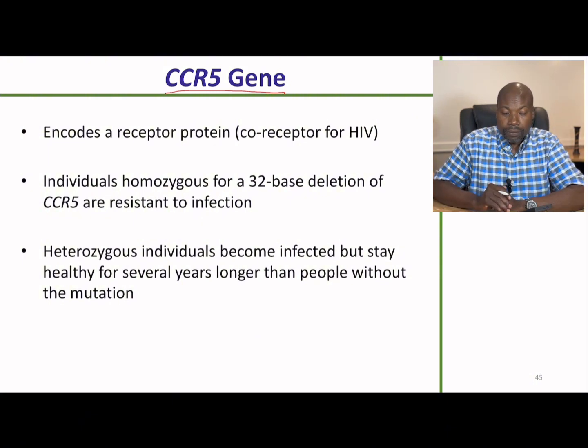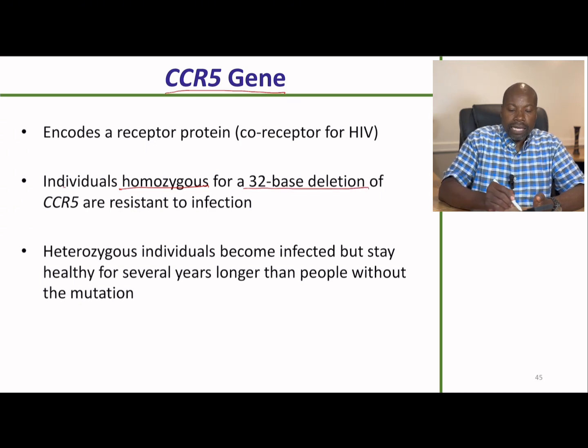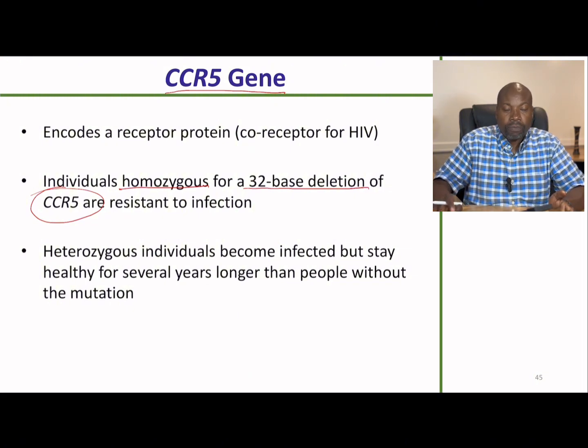Which is great. So the individuals that are homozygous for a 32 base deletion in that gene CCR5 are completely resistant to HIV infection.